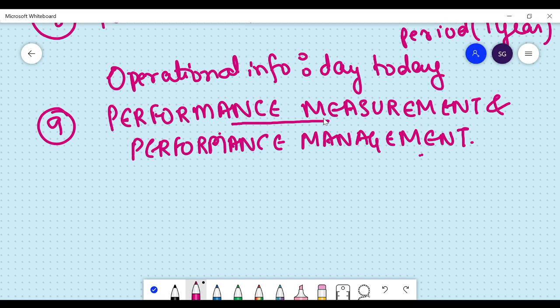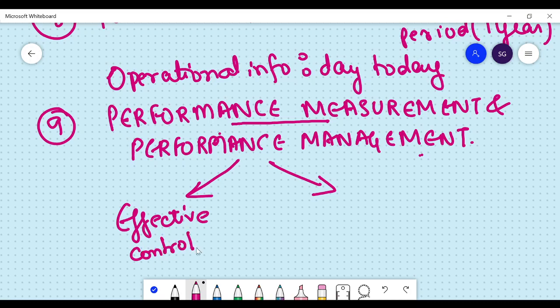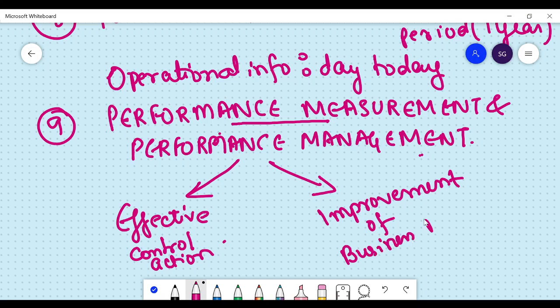So performance management is a wider or bigger one here, and it includes performance measurement. Performance management includes two things. First, effective control action. Second, improvement of business processes.